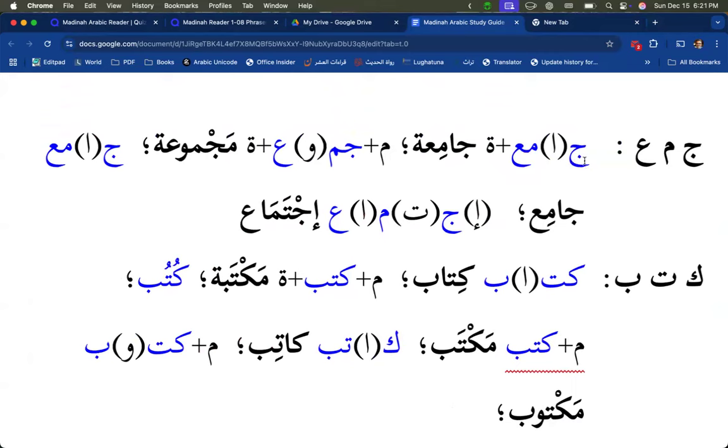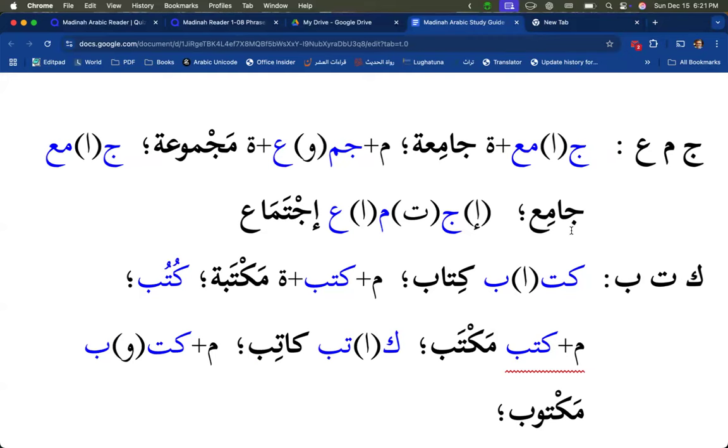Okay, so for example, here's a three-letter root example, right? Like jama'a. You can say jami'a. You put alif in the middle and a ta marbuta at the end, it becomes university. Jama'a means to gather. Jami'a, university, right? And here's the meem prefix on jama'a, and waw in the middle and ta marbuta, it becomes majmu'a, a collection, right? From jama'a, same thing, to gather. Or you put the alif in the middle, you say jami'.